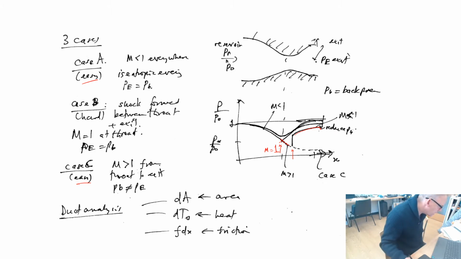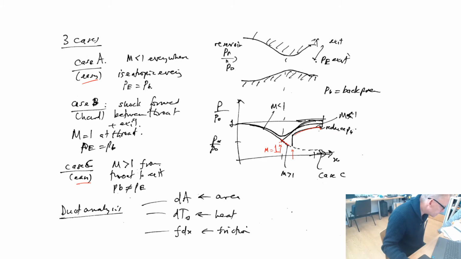So in this case, exit pressure equals back pressure, Mach number is 1 at the throat, and there's a normal shock to match the exit pressure, so the back pressure and the exit pressure are equal to one another.